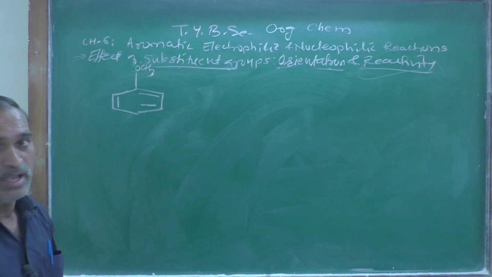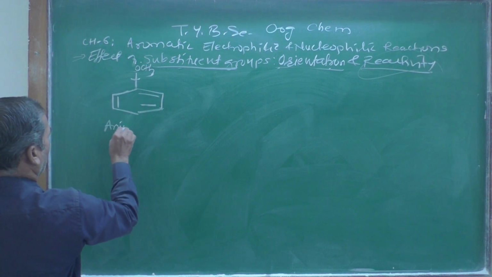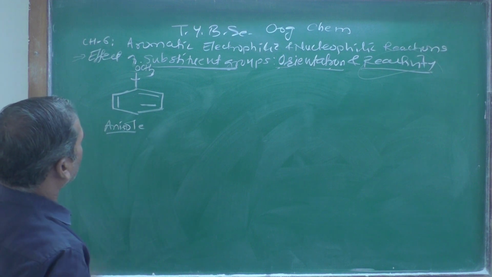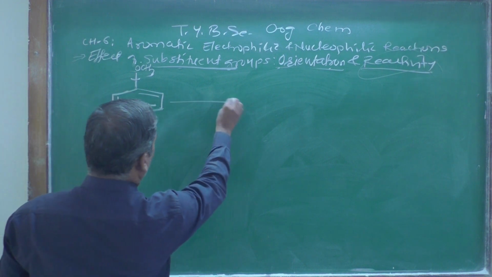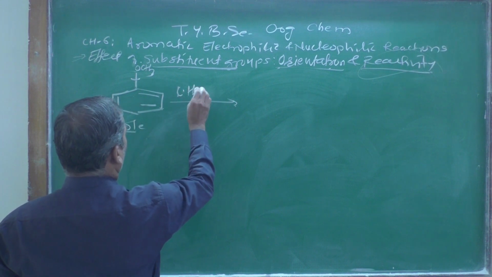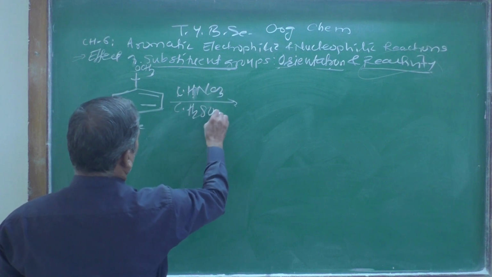This is the structure of anisole, and if this anisole is treated with concentrated HNO3 in presence of concentrated H2SO4, nitration is carried out here.